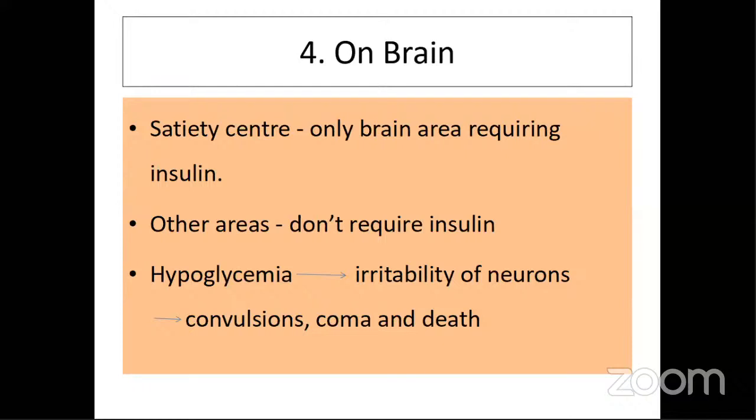The tolerance to hypoglycemia differs from individual to individual. But whatever it is, if the blood sugar falls, that can lead to severe glycopenic symptoms. You call them glycopenic symptoms, which can lead to convulsions, coma and death. Understood? Hypoglycemia is more dangerous than hyperglycemia. Is that clear? Yes, ma'am. Now we will see what are its general effects.